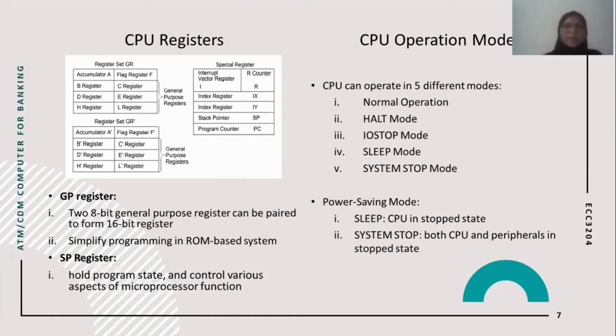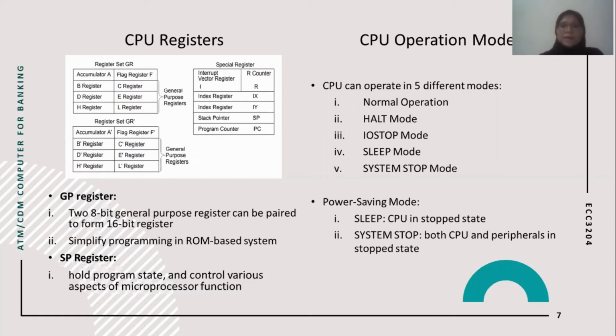As for the special purpose registers, the general function is to hold program state and control various aspects of microprocessor function. Moving on to CPU operation modes, the CPU can operate in 5 different modes, which are normal operation, halt mode, IO stop mode, sleep mode, and system stop mode. In normal condition, the Z180 is already designed to be a high-performance microprocessor with low power consumption.